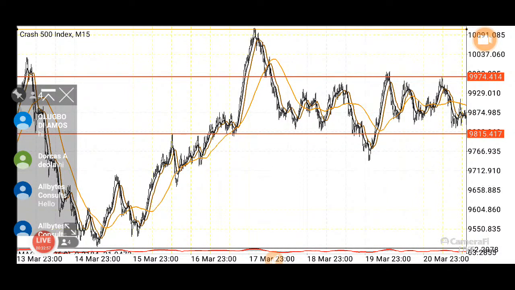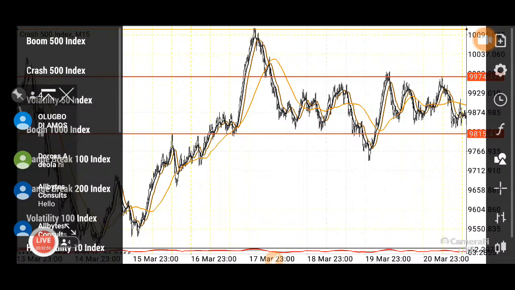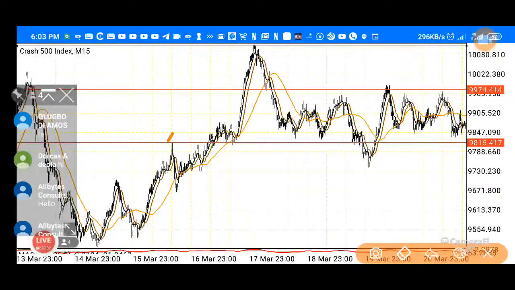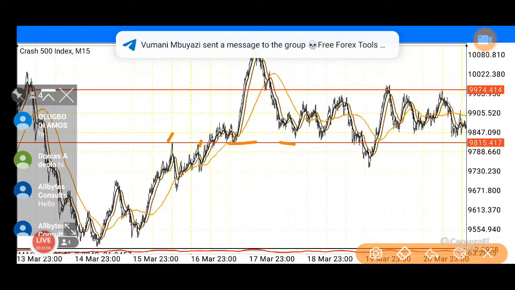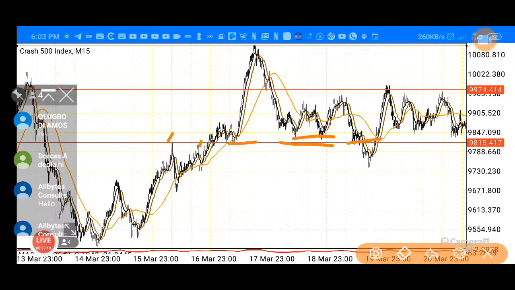Okay, this one also is touching this resistance, touching this support, still close to this support also, and also there's a support here.